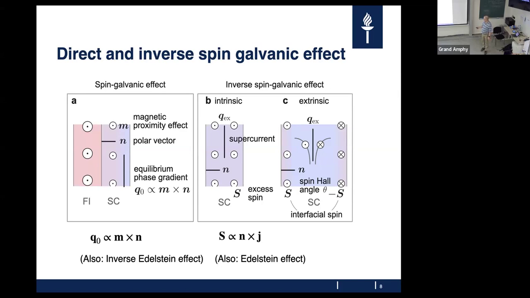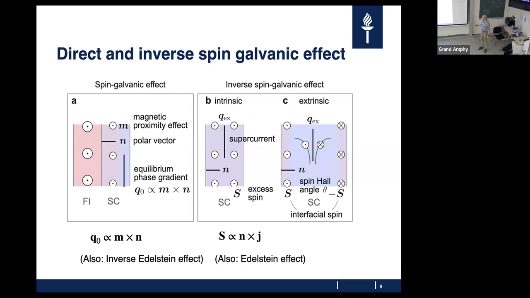Then there is an equilibrium phase gradient that is proportional to the vector product of these two vectors, namely the magnetization and the polar vector. And this is now in this third direction, and this is the current direction that we are considering.